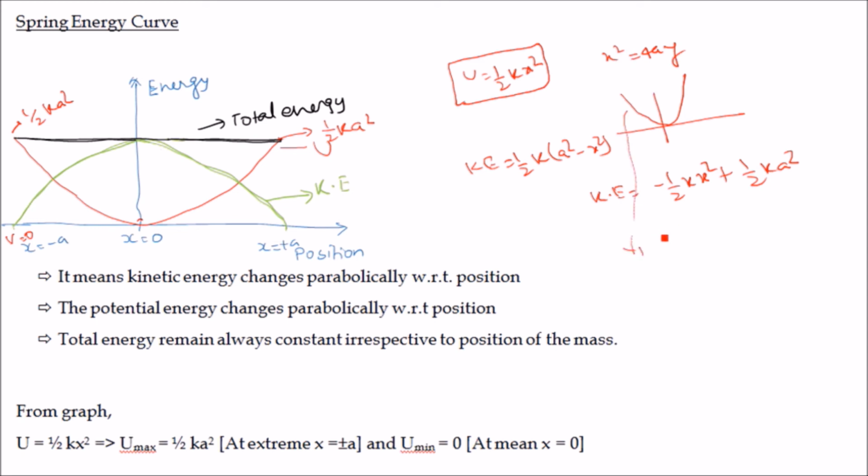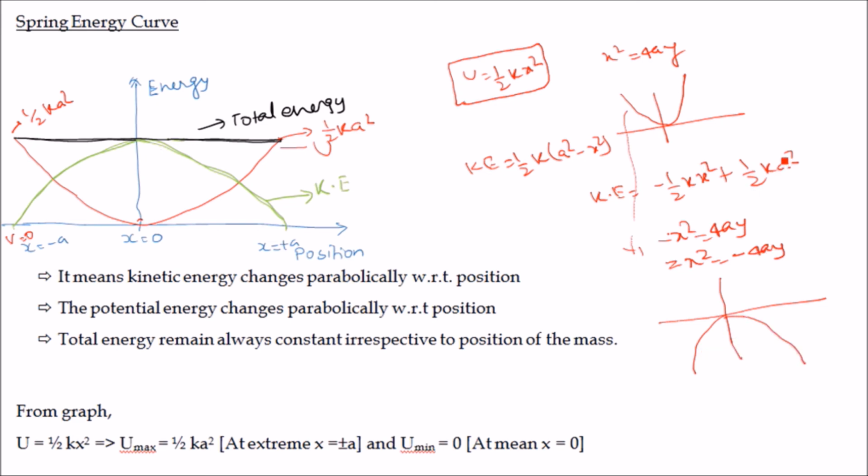If I want to get the graph of minus x square is equal to 4ay, then we have to write x square is equal to minus 4ay. So here instead of y we have minus y, so we just take the mirror image with respect to x-axis. If I take the mirror image with respect to x-axis, it comes in this way.